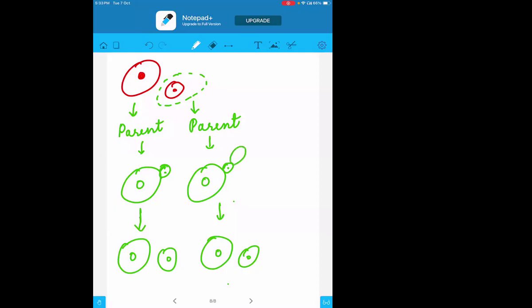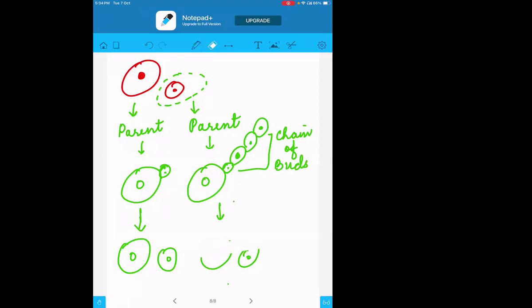Sometimes on their body many buds form, and this is called a chain of buds. Why does it happen? Because when they do not get a moist condition, they keep on forming young ones, but they do not separate from the parent cell. Once they get the favorable condition, they separate.